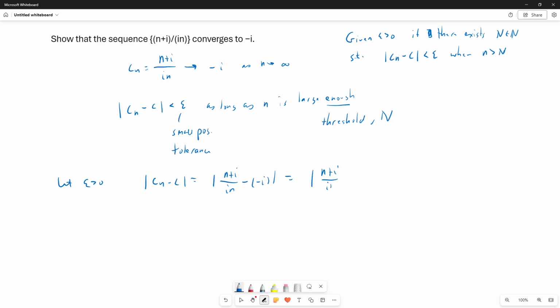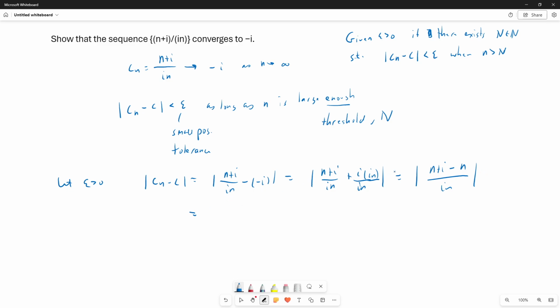Let's simplify things. We want to add these together, so I want in on the bottom, so I multiply by in on the top. And n + i times i is negative 1, so minus n over in.